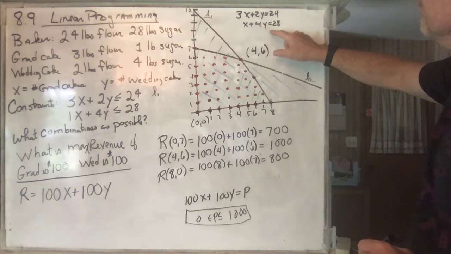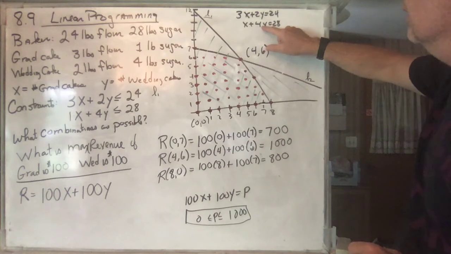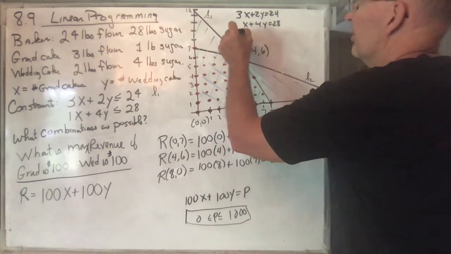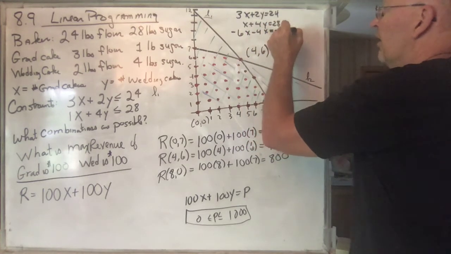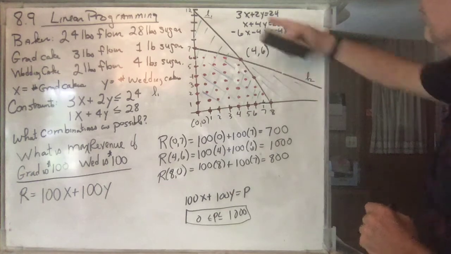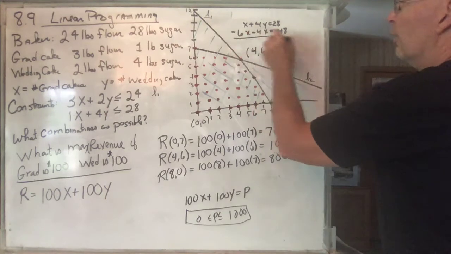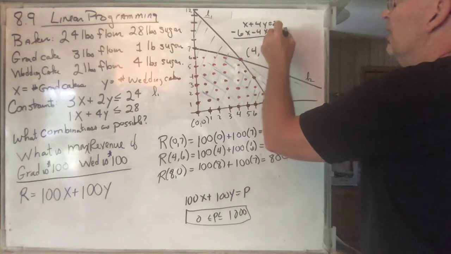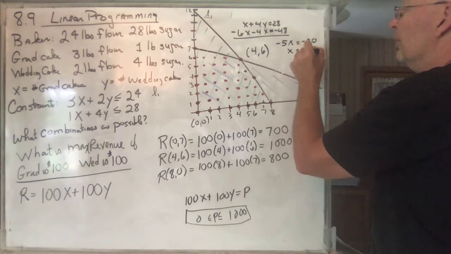Let's multiply this one here by -2. If I multiply that one by -2, I'm going to get -6x minus 4y is equal to -48. Agreed? And now I can subtract one from the other, and I'm going to get -5x, these go away, is equal to -20. So x is equal to 4.